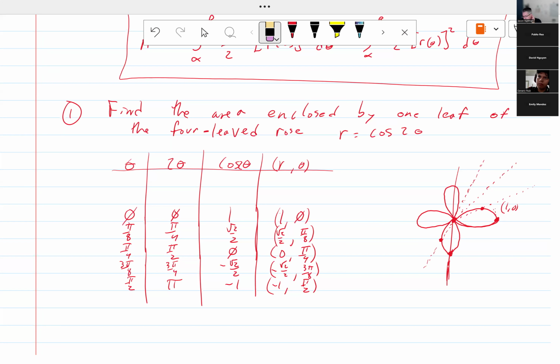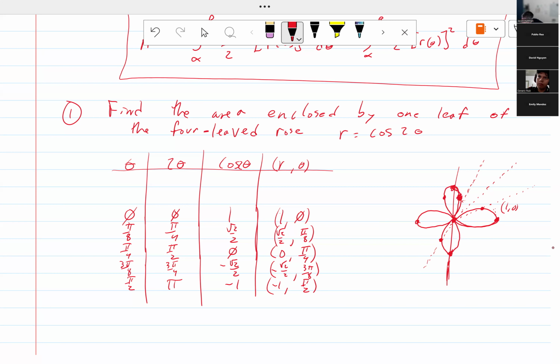What I'd like to do, I should actually go there, but whatever. If we continue this from 0 to 2 pi, it would complete. Now what I'd like to do, I just want to get one of these.